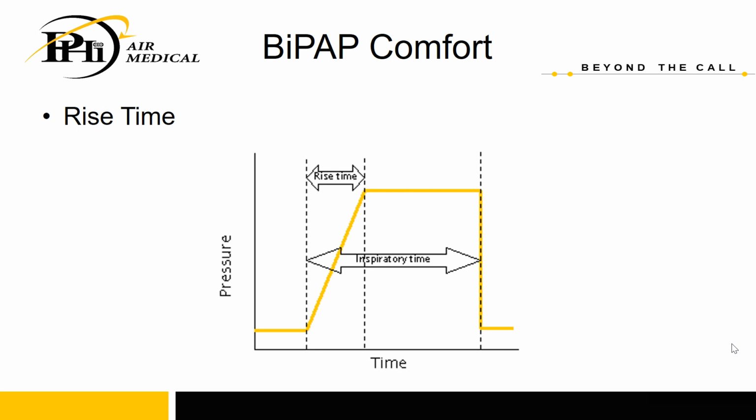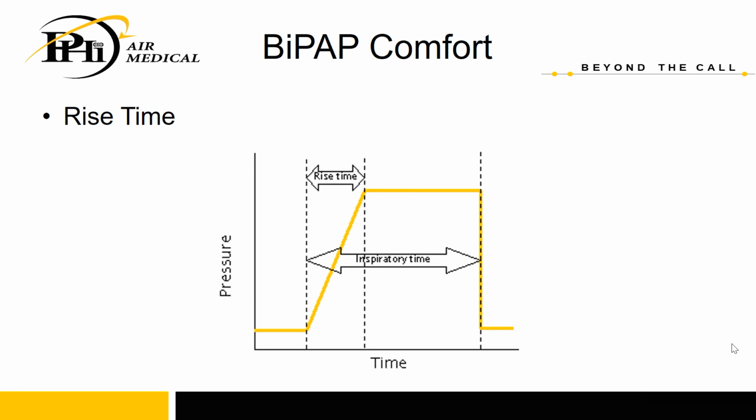So that person would have a rise time of about 3, because in 0.3 seconds they have about 90% lung filling. And really, I would say that it isn't necessarily 90% lung filling, but 90% of the peak flow into the patient, 90% of the peak pressure into the patient within that 0.2 seconds.